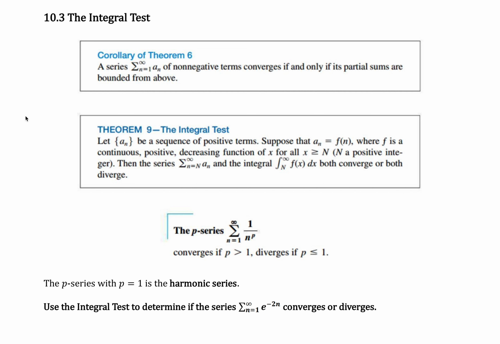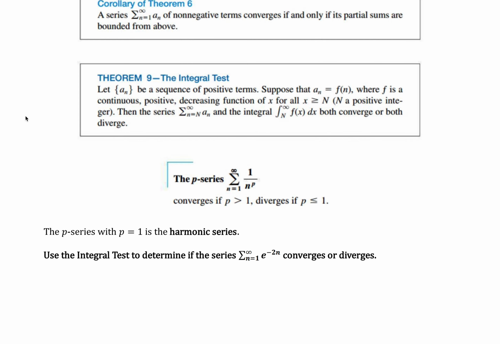I do have a note before I get into some examples that talks about a p-series. If you've got the p-series, which is the sum from n equals 1 to infinity of 1 over n to the p, it converges if p is greater than 1, and diverges if p is less than or equal to 1.